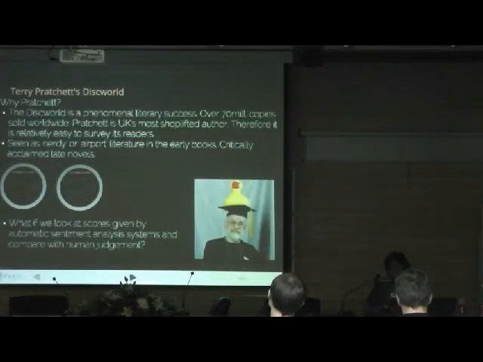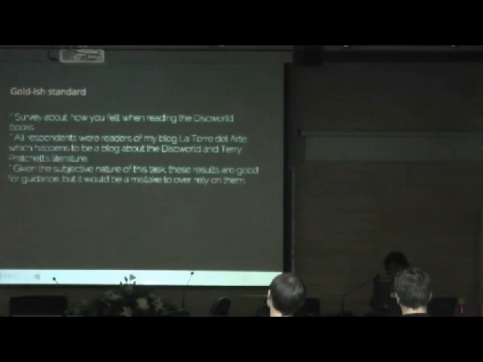So what I did was, I happened to write a blog about the Discworld, and I don't have a lot of readers, but they're very faithful. So this is interesting because I surveyed them and asked them to rate from 1 to 10 how they felt when they read the Discworld books. 1 being devastated, it was a very dark book, I wanted to kill myself after I finished reading it.